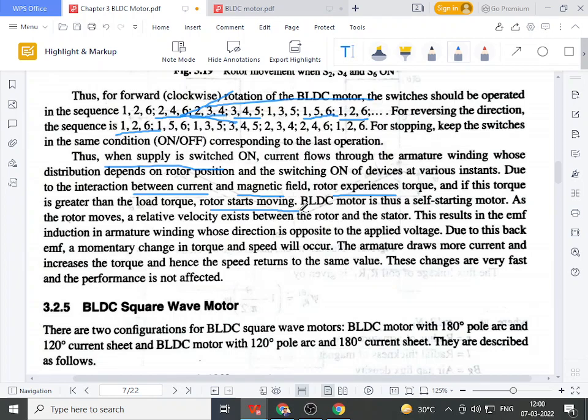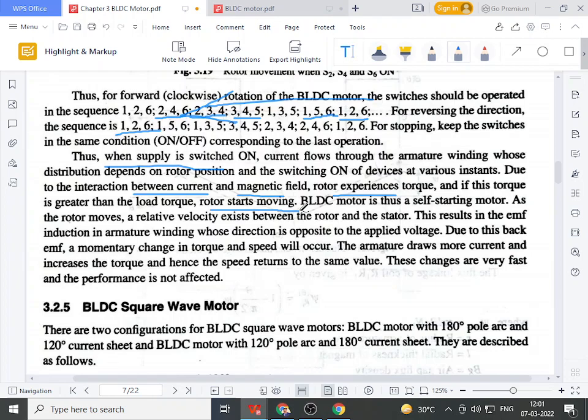If the synchronous motor is a 4-pole, 50 Hz, 3-phase, 440 volt motor, what will be the synchronous speed? How do we calculate synchronous speed? 120 F divided by P, where F is the frequency and P is the number of poles.